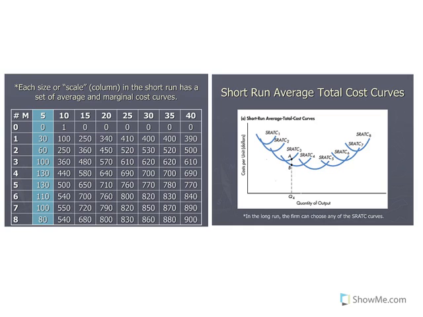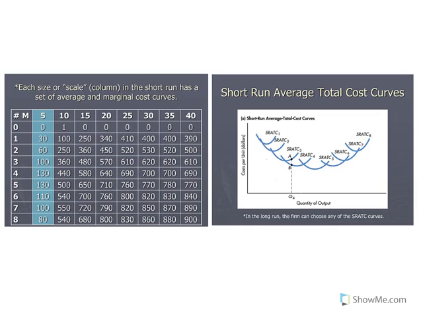In other words, if I have 5 planes, I'd be looking at short-run average total cost curve 1. If I had 10 planes, I'd be looking at short-run average total cost curve 2. If I had 15 planes, short-run average total cost curve 3, and so on and so forth. So again, I can see that as I am changing the size of my firm, my average cost per unit is changing.